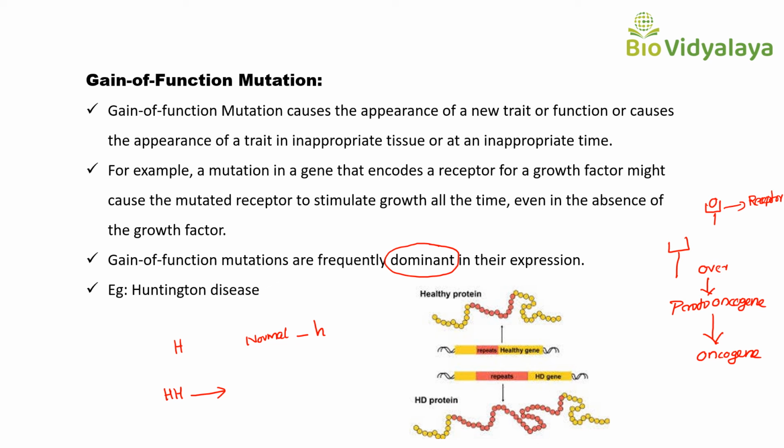And small letter h is the normal person that does not inherit the disease. So this is a dominant mutation.